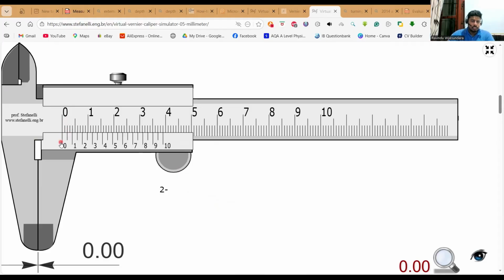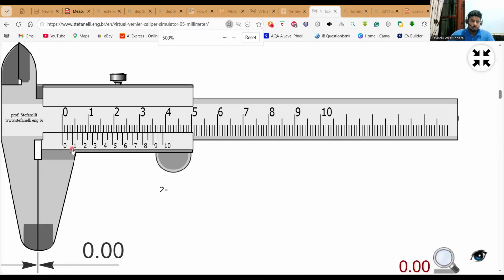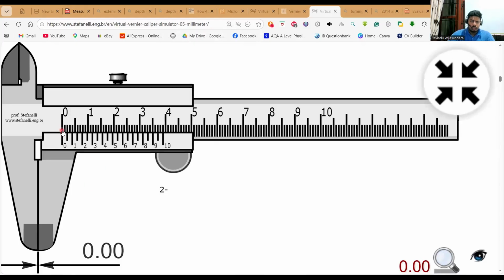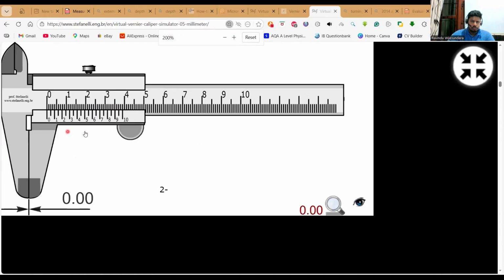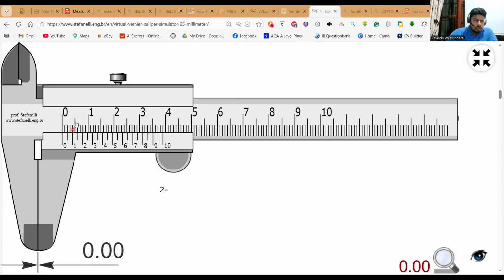Let me check whether we can make it larger. It is not getting larger properly. Now you can see here the first millimeter is here, then the second millimeter is here. The first division of the vernier scale is closer to the second millimeter, not the first millimeter.